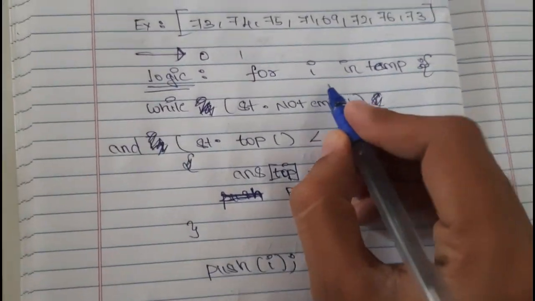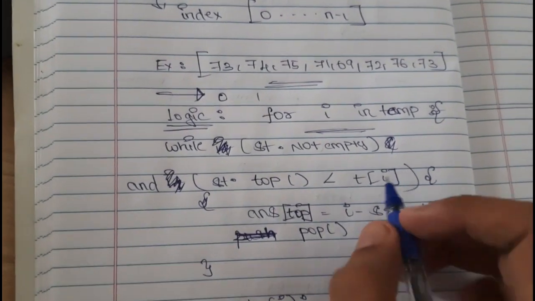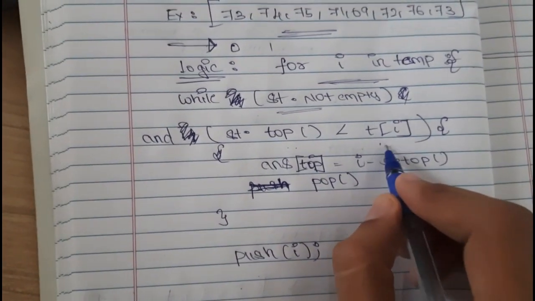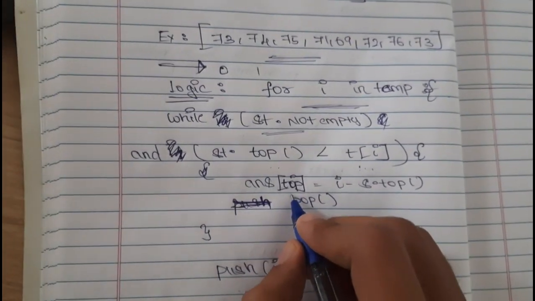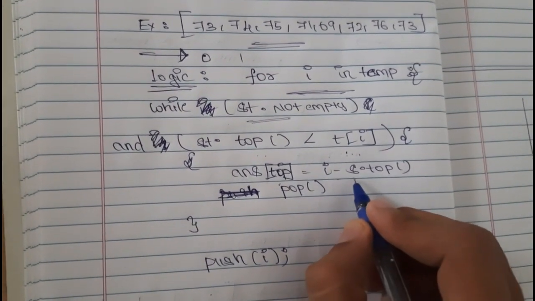We will be traversing the given temperatures, and with the help of the stack, we will check whether the stack is not empty and the temperature at the top of the stack is less than the current temperature. If it is true, we will update the answer array, that is the array we are returning, as i minus the top.